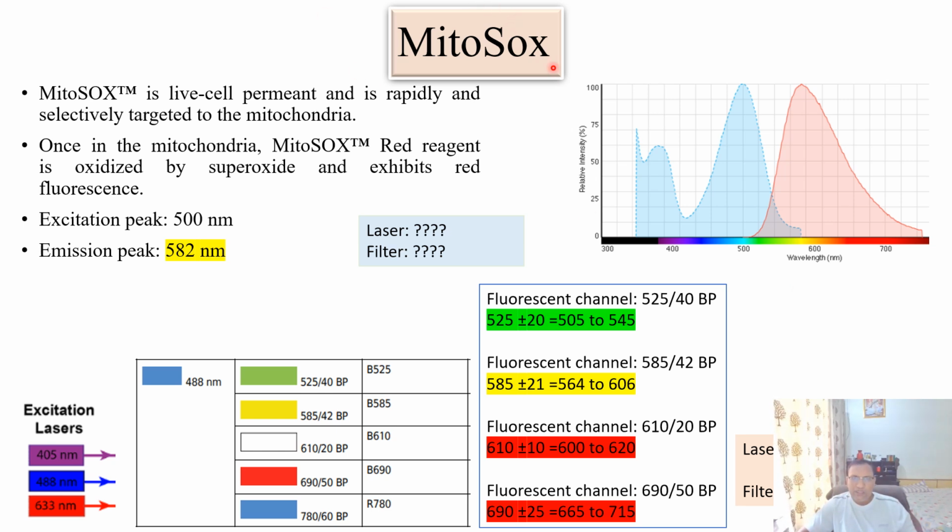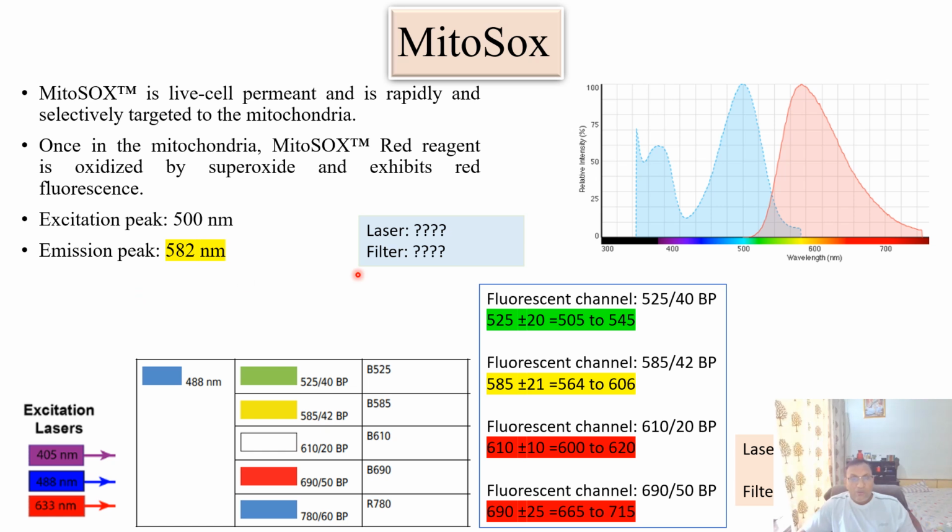In this example, the excitation peak of MitoSOX is 500 nanometers and the emission peak is 582 nanometers. This is clear from this spectrum graph. But it doesn't mean it cannot be excited by wavelengths lesser or greater than this. But this is the peak.